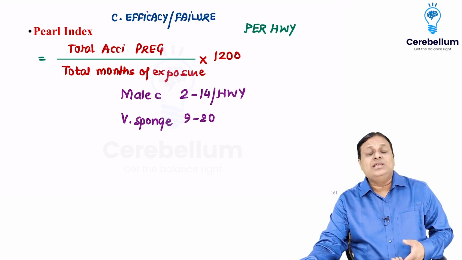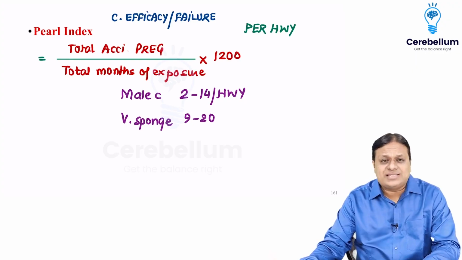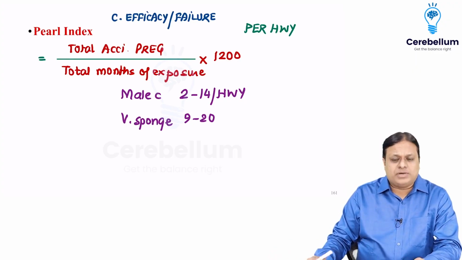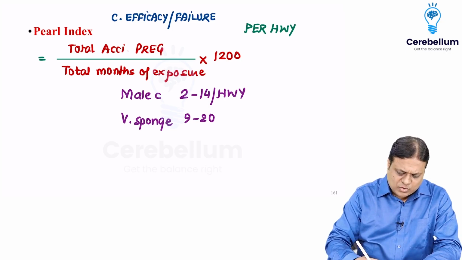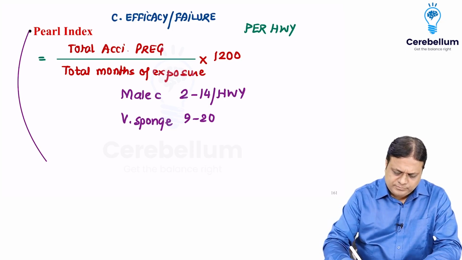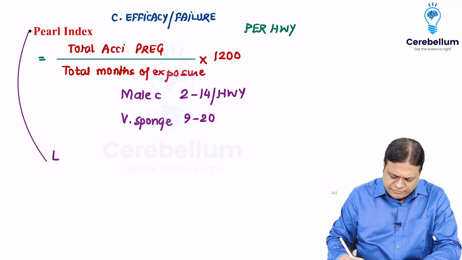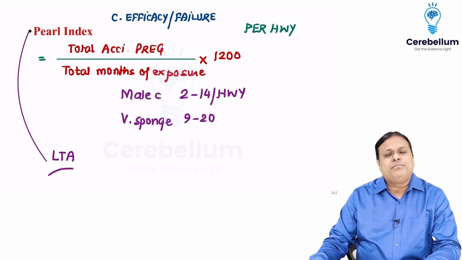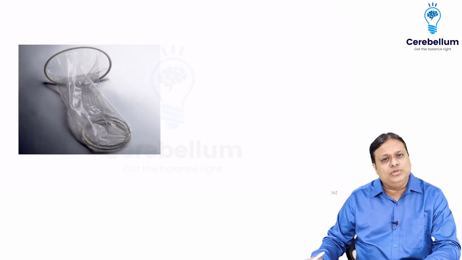Sterilization, vasectomy, is the contraceptive with highest efficacy. Besides Pearl index, we can also use life table analysis for contraceptive failure assessment. It is calculated per single woman month of use.